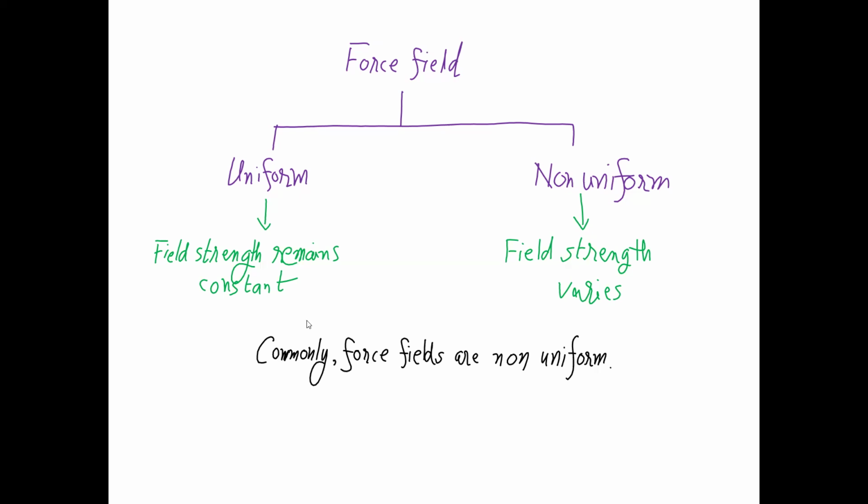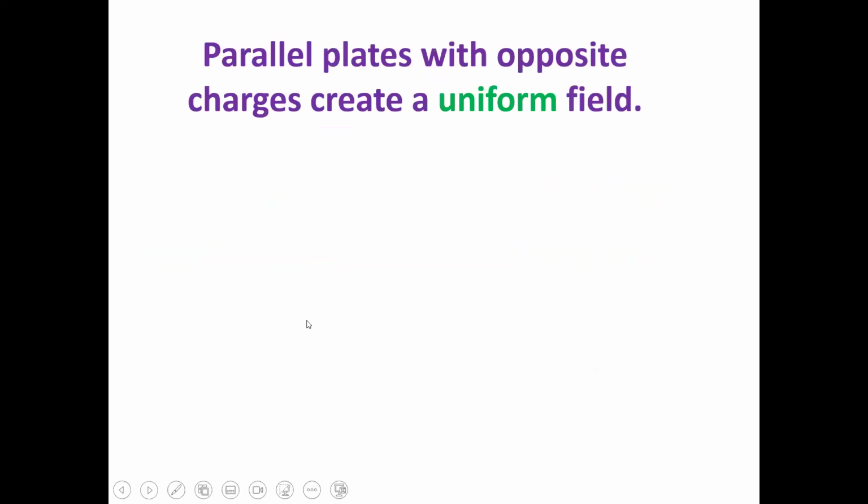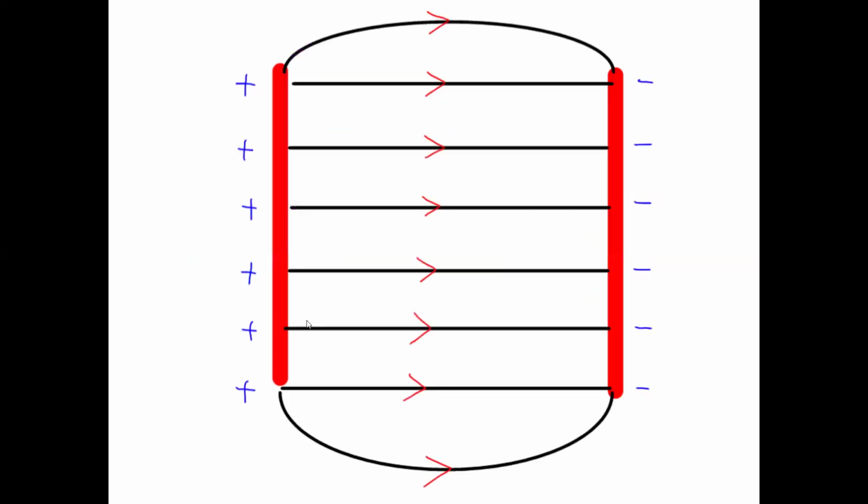Now let's move forward to our next concept. Parallel plates with opposite charges create a uniform field. Now look at this idea. This is the electric field between two parallel plates, just like the example I gave. The best example is a walk-through gate.